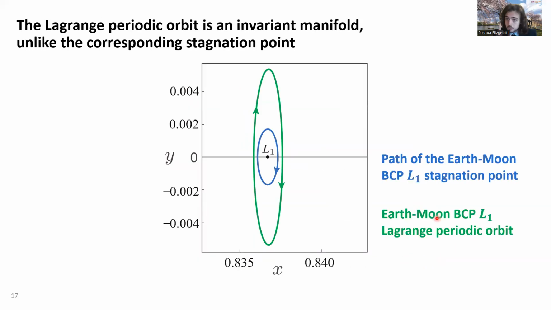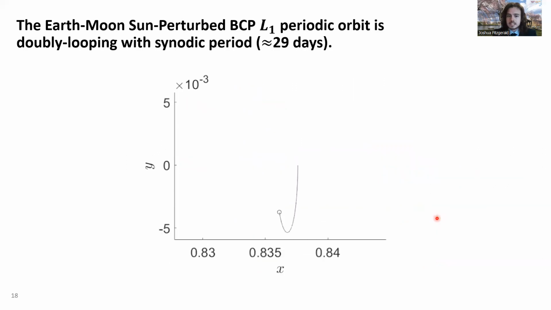So this is really helpful because Lagrange periodic orbits are invariant manifolds, unlike the stagnation points. They're actual trajectories. And you can see what they look like. So the Earth, Moon, Sun perturbed bicircular problem L1 point periodic orbit is doubly looping.